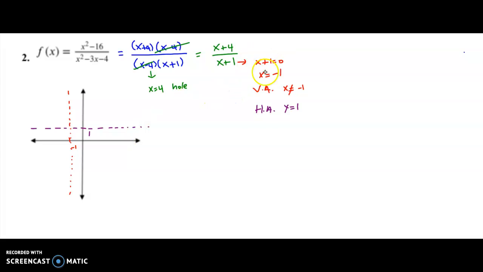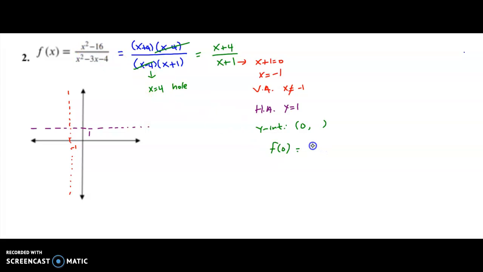One thing you could do, if you want, is figure out where the y-intercept is, because that might give you a clue as to how we're going to draw this. Remember, y-intercept means that x equals 0. So if I do f of 0, if I plug in 0 for x, all of these are just 0.